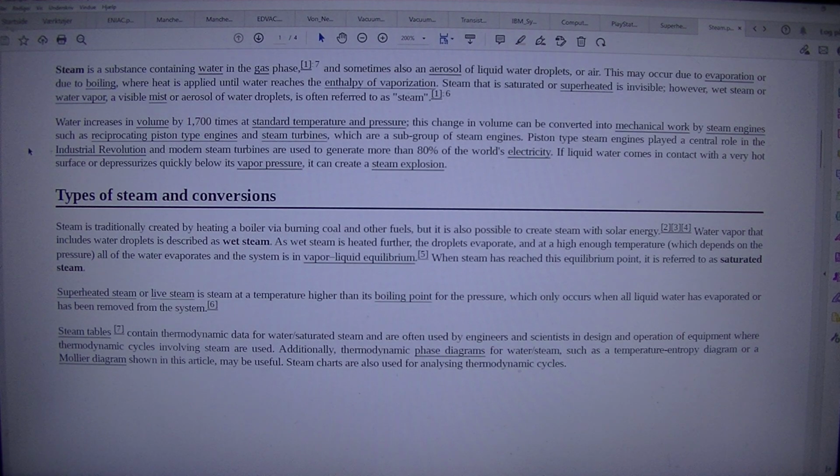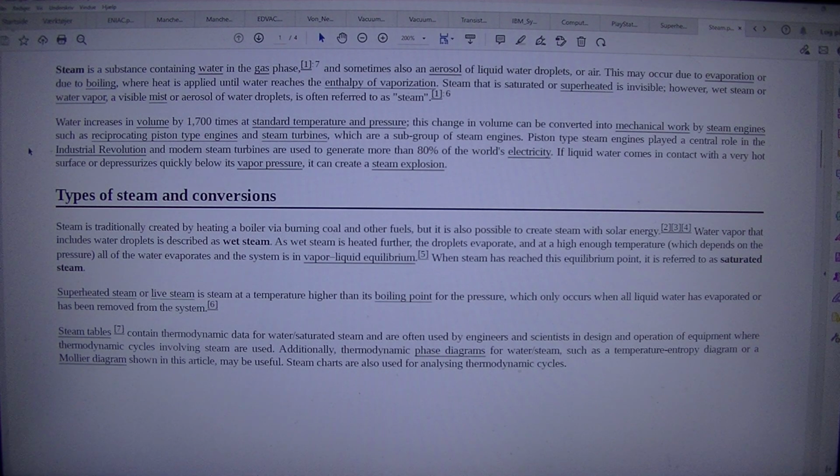When steam has reached this equilibrium point, it is referred to as saturated steam. Superheated steam or live steam is steam at a temperature higher than its boiling point for the pressure, which only occurs when all liquid water has evaporated or has been removed from the system.